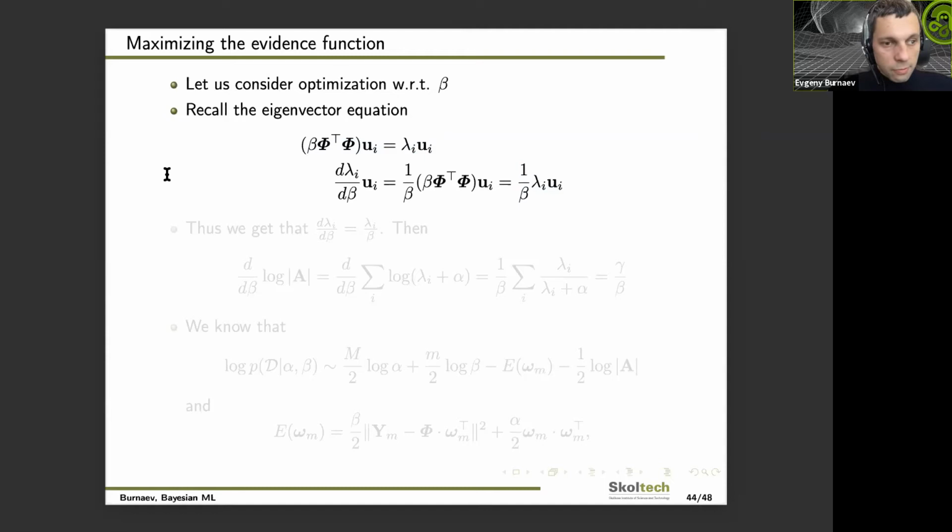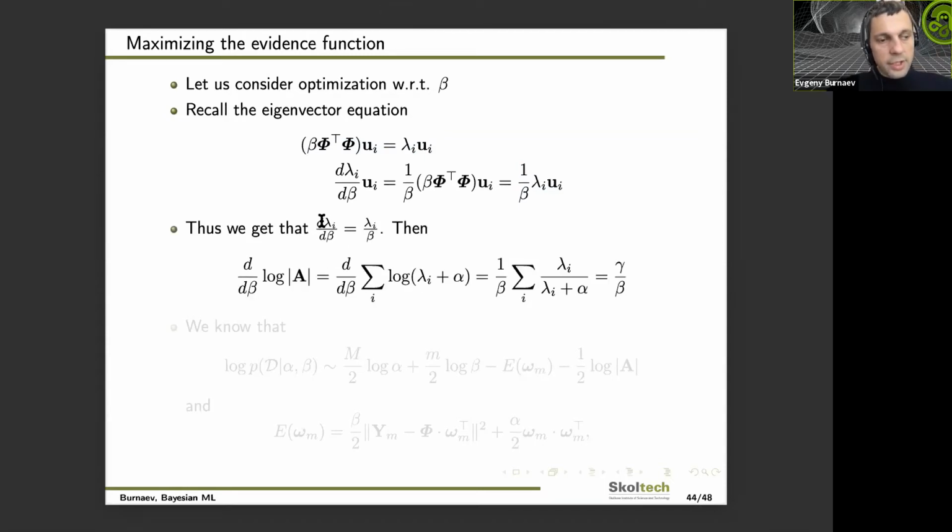And so we get that the gradient of lambda with respect to beta is equal to lambda divided by beta. And so the gradient of the logarithm of the determinant with respect to beta can be calculated in this way. And so it is equal to gamma over beta.